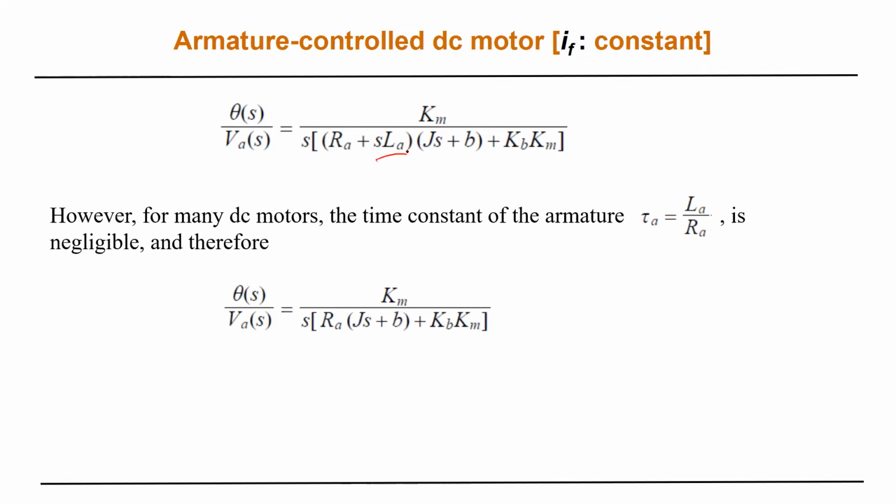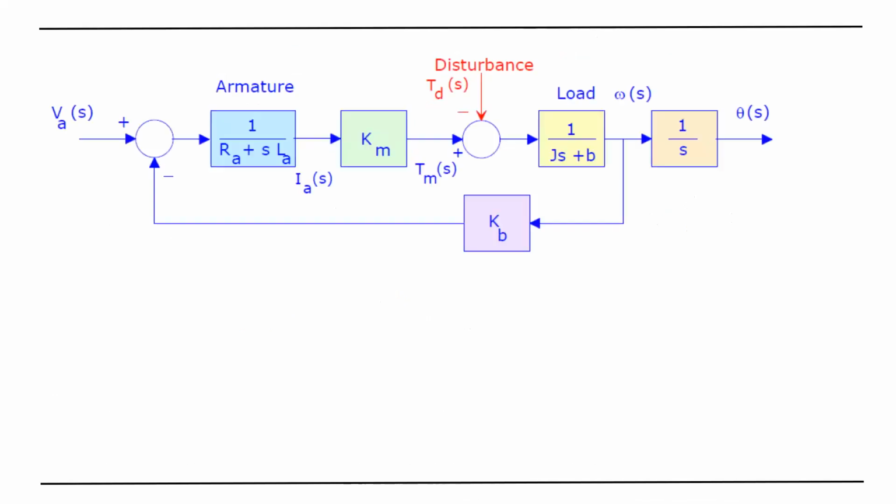If this is very small, then rather than working with a third order system, you will be working with a second order system. Again, this is basically what I have derived before. Later on, what we can do, we can reduce. Let me combine this one, call it G1.